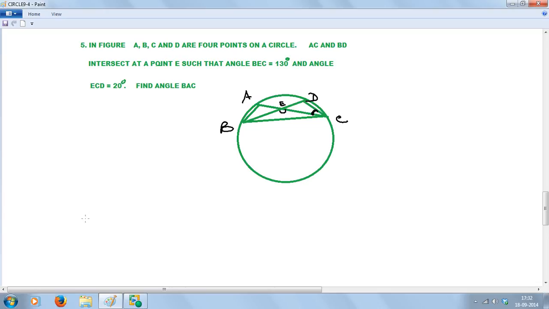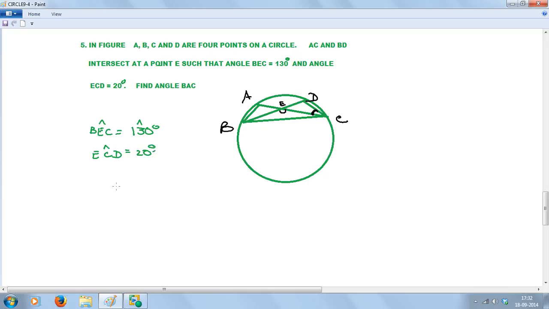Angle BEC is given. What is that angle? BEC is equal to 130 degrees. Next, angle ECD is given, angle ECD is equal to 20 degrees.